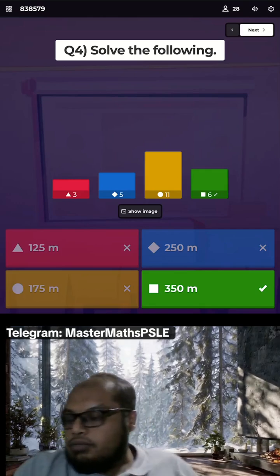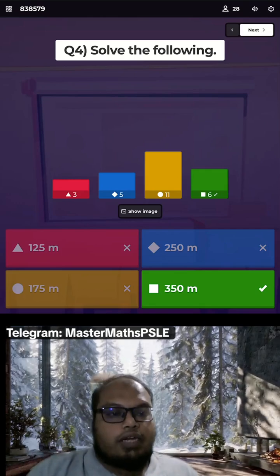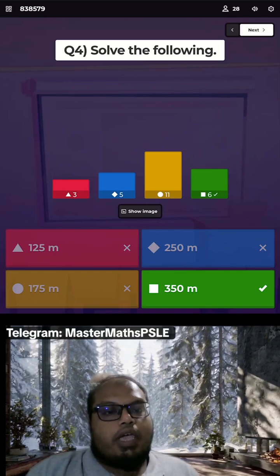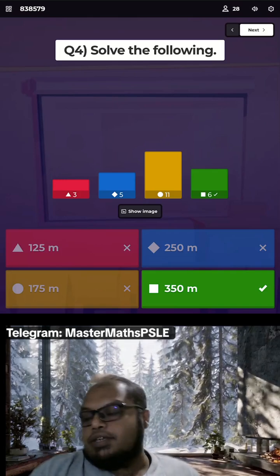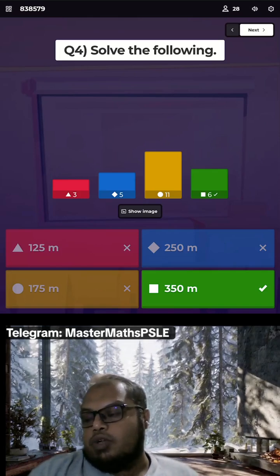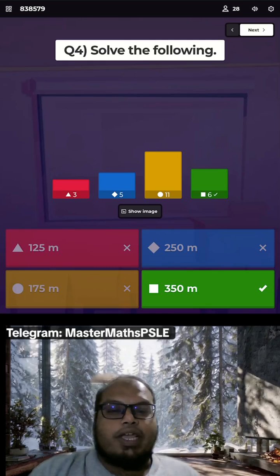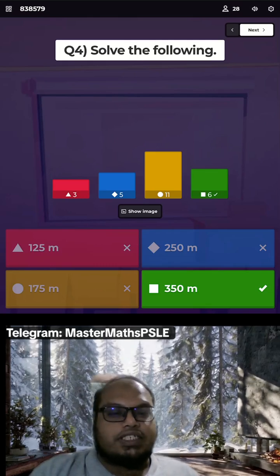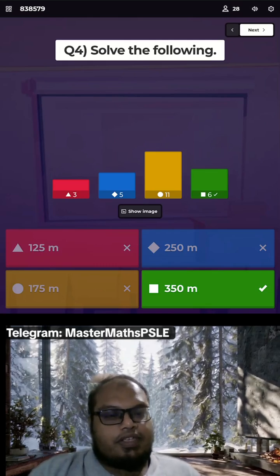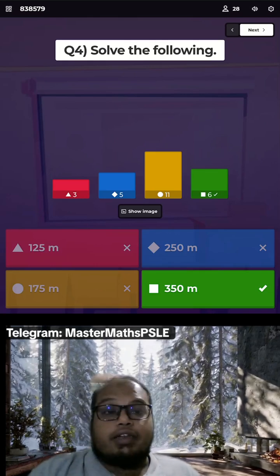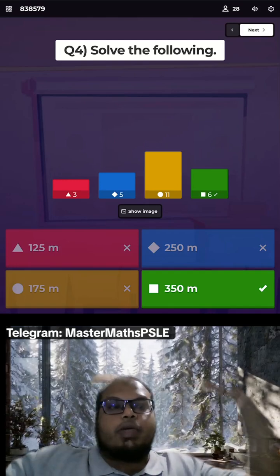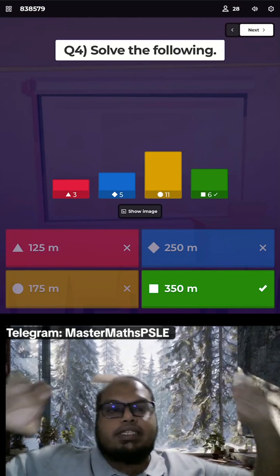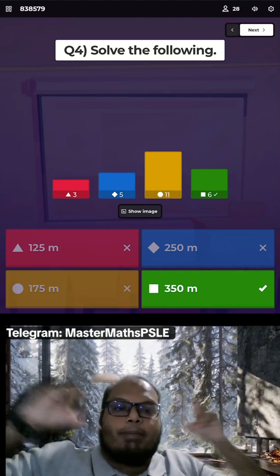But don't worry, stay on till the end and I'll go through it. Not necessarily half, because 350 is not half. I should have put 330 as one of the options. The clue I gave just now was that every 5 meters is 7 meters. So every time, basically at the same amount of time.